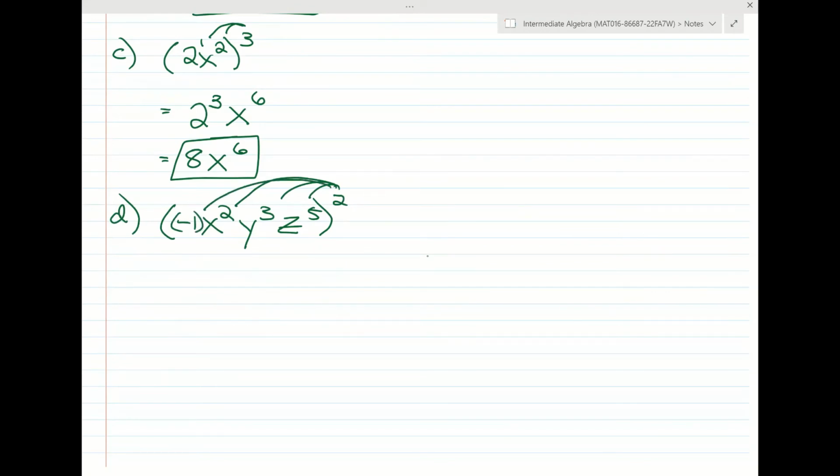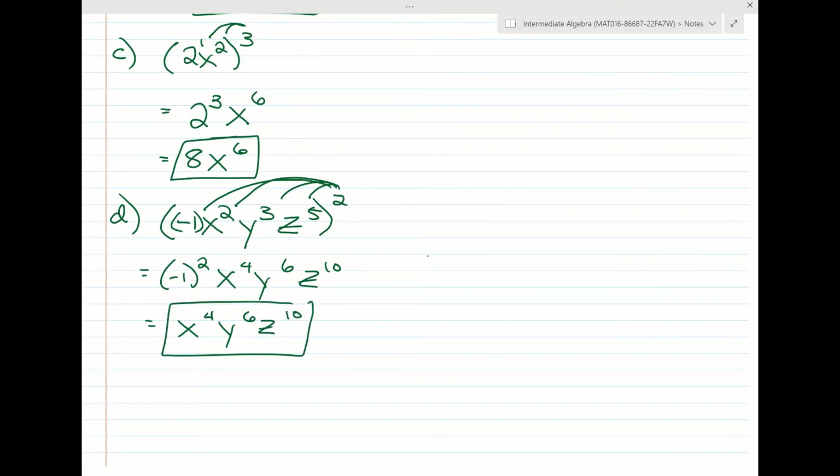So this is going to be negative 1 to the second, x to the fourth, y to the sixth, and z to the 10th. Remember, when we have a power to a power, we multiply the exponents. There we go.